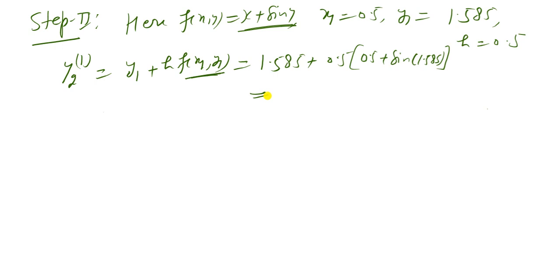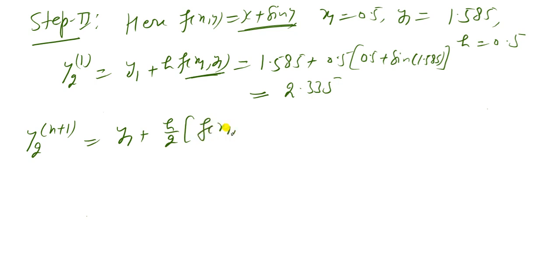Then we obtain this value is equal to 2.335. Now using the modify Euler's method, then formula is y2n plus 1 is equal to y1 plus h upon 2 f x1 y1 plus f x2 y2n.